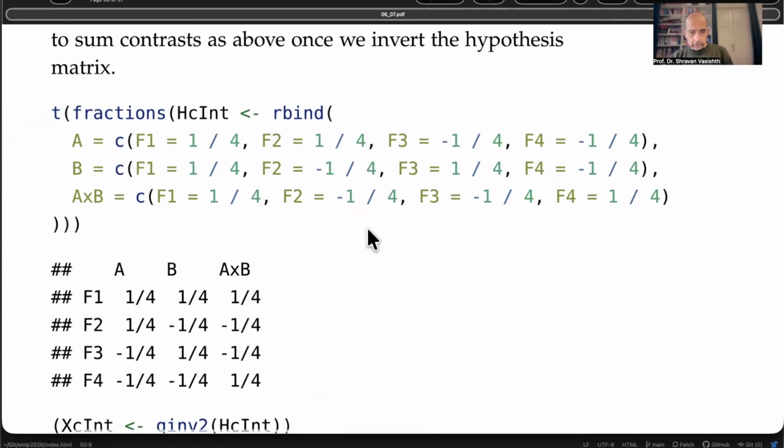So these weights look a bit puzzling, but they're actually not, because literally what we are writing out is the difference between F1 minus F3, is it different from the difference between F2 and F4.